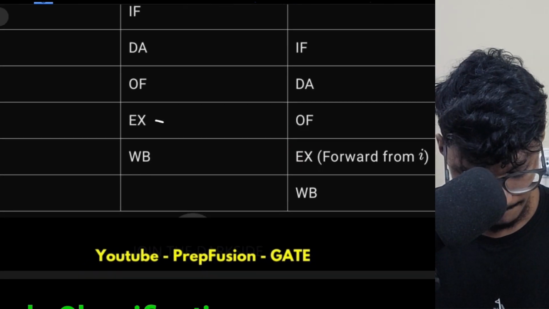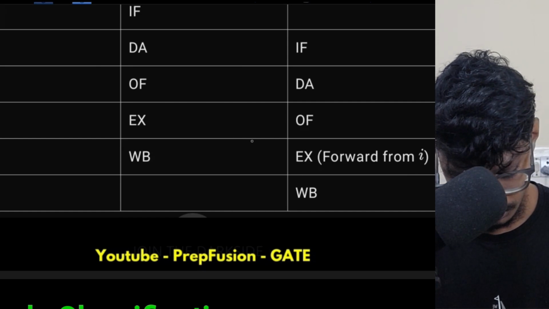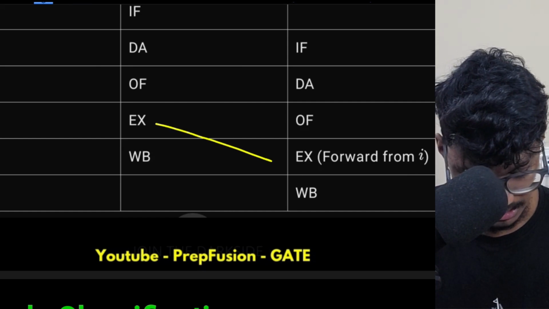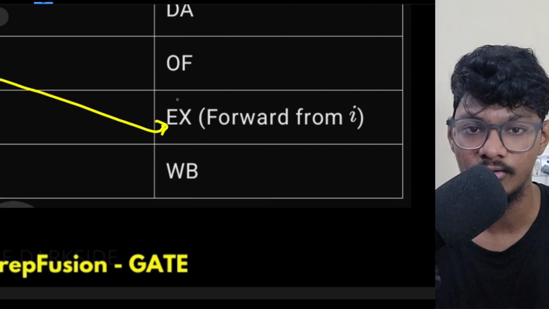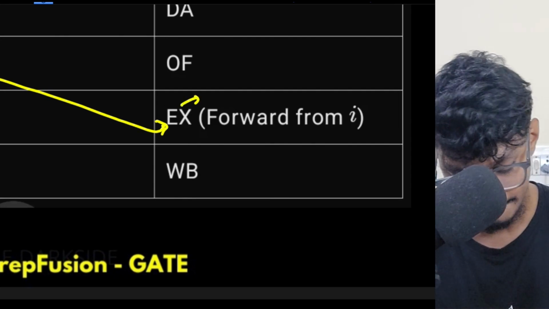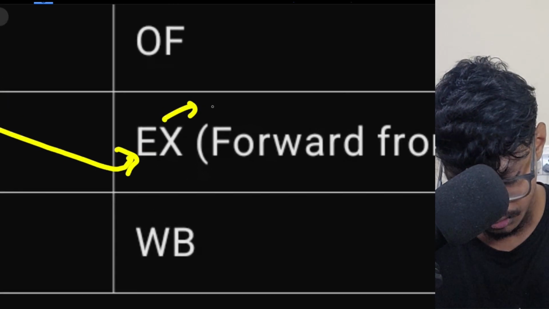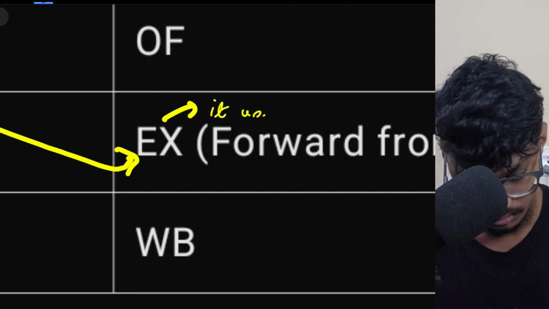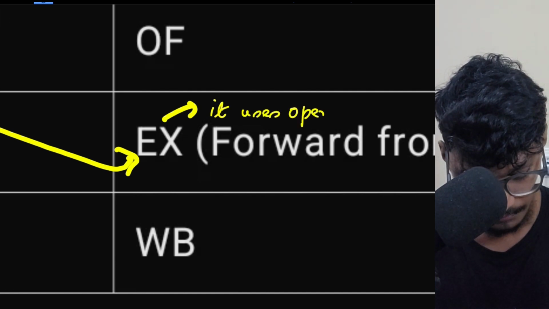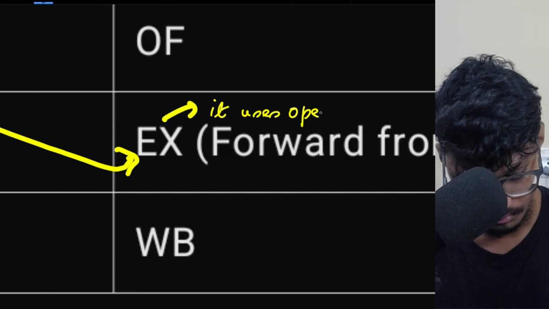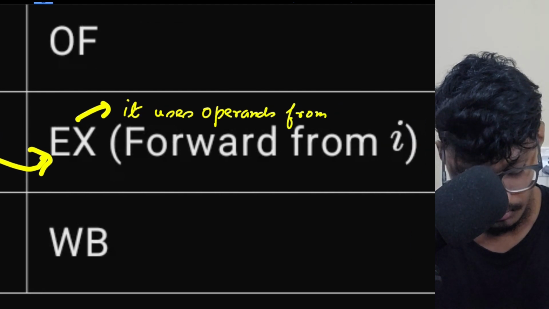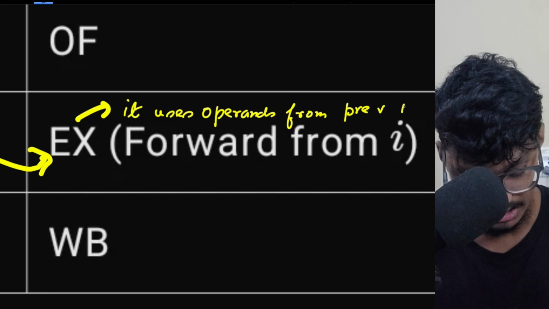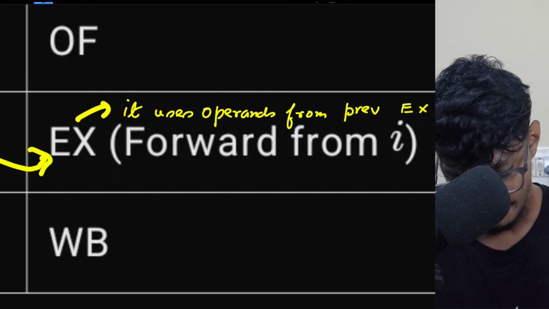So I send this to the execution phase of the next stage. This execution stage of the second instruction uses operands from the previous execution and not this.